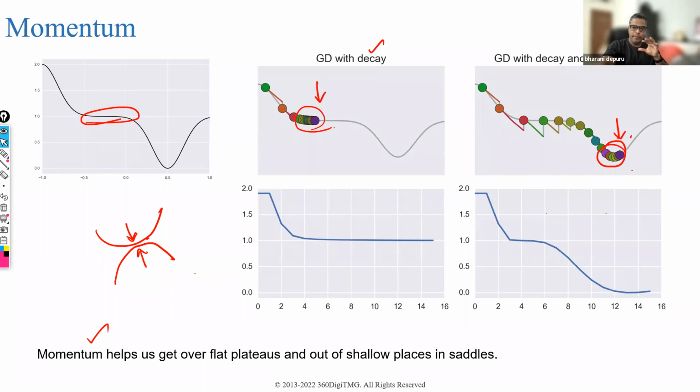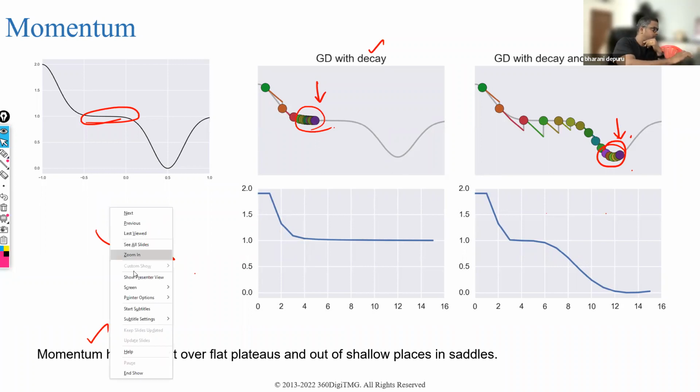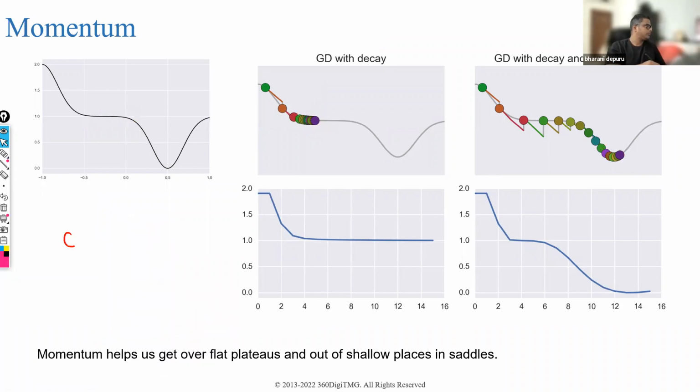So what happens in momentum is you choose a specific parameter, and that parameter is called the gamma value. Gamma, that's how it is denoted. It's a Greek notation. Momentum is some push that you're giving.